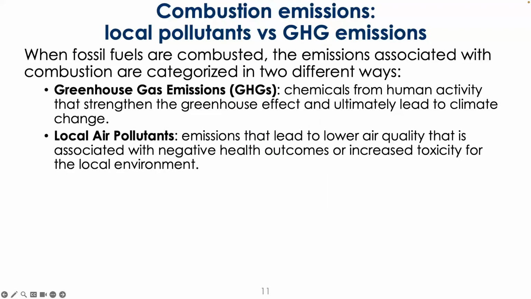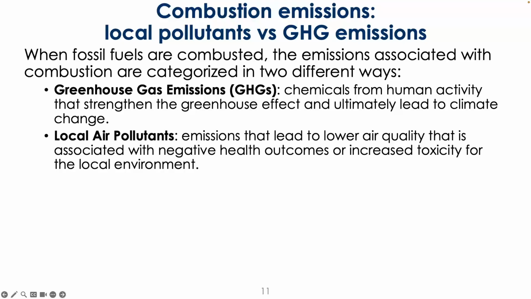So combustion emissions: when fossil fuels are combusted, we categorize the emissions into two broad groups, right? This is something I've talked about before in this class. We have greenhouse gases and local air pollutants. Greenhouse gases are things that strengthen our greenhouse effect and lead to climate change, and there are a whole bunch of impacts related to that.